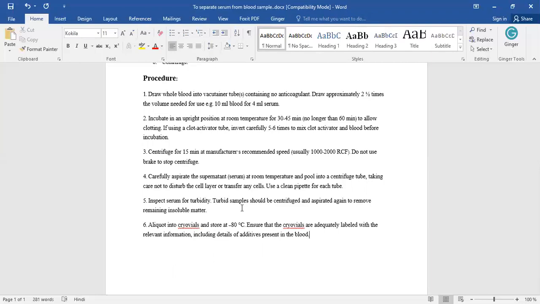After centrifugation we take the supernatant and collect the plasma. This is the basic idea of the collection of blood serum. So our topic is over here.